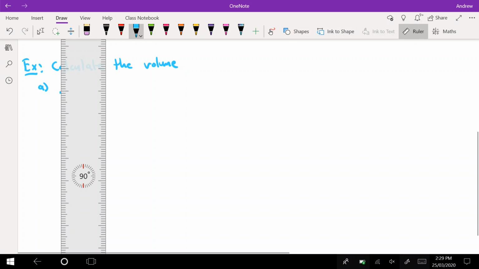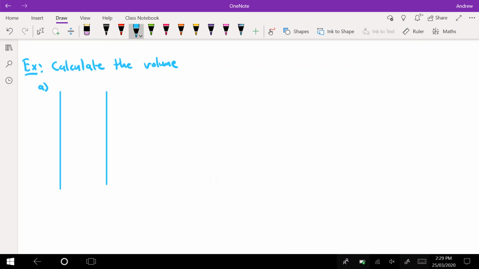So we'll start with the first one. Let's say the height is 10 centimeters and the radius is 3 centimeters. Let's try and find the volume.